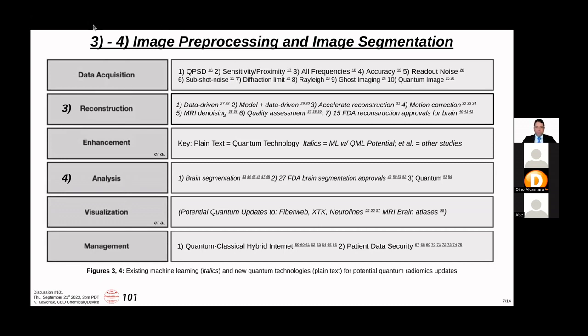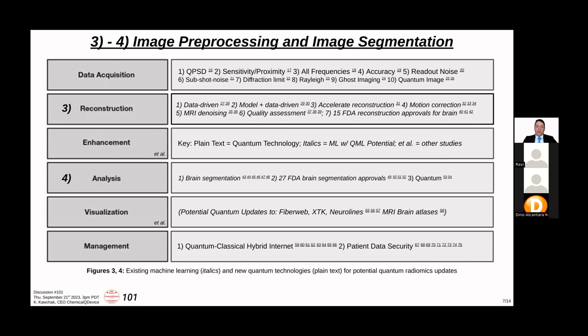Basically this first section here is data acquisition. These are quantum sensors, ghost imaging, the really nuts and bolts of how to acquire an algorithm with some form of quantum mechanics, either quantum computing or sometimes quantum machine learning. Now, the reconstruction algorithm, and I mentioned this before, we already have 15 FDA reconstruction algorithm approvals for the brain.